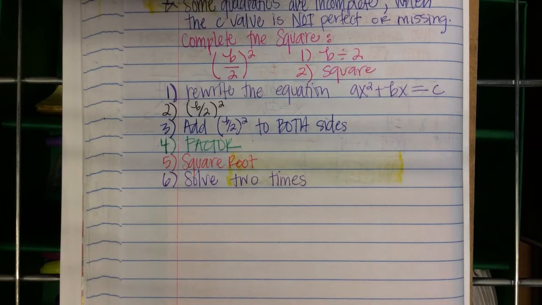So step 1 is to rewrite the problem. Maybe you skip step 1. Step 2 is b divided by 2 squared. Step 3 is to add that value, b divided by 2 squared, to both sides of the equation. Step 4 is to factor, step 5 is to square root, and step 6 is to solve 2 times. It seems like a lot of steps, but it goes pretty fast.